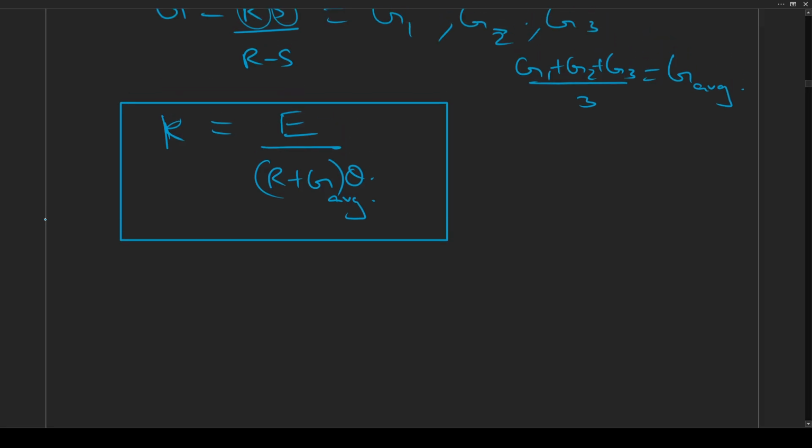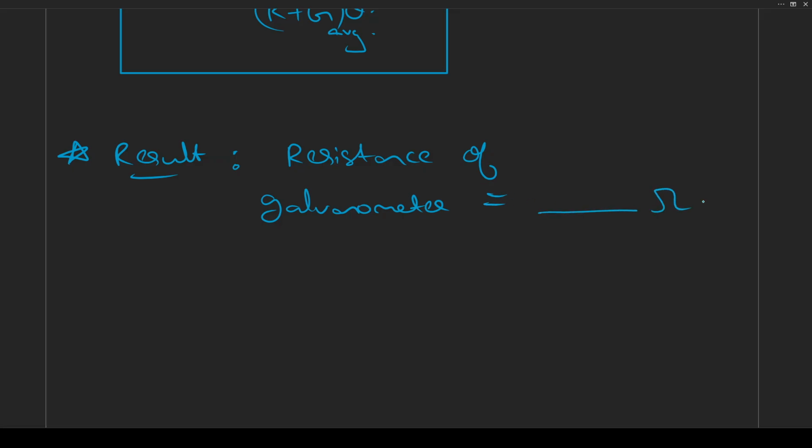After doing all the calculations, we will get a result: resistance of galvanometer, which is equal to dash ohm.